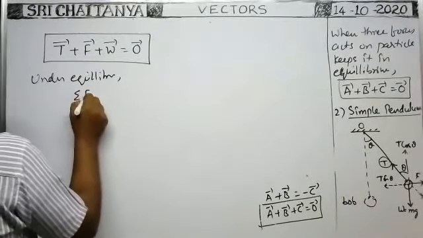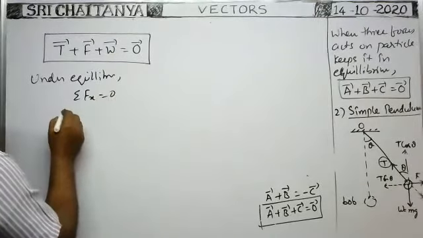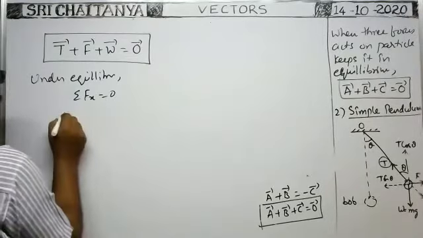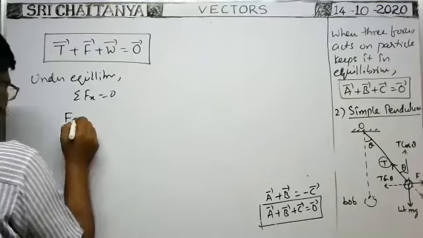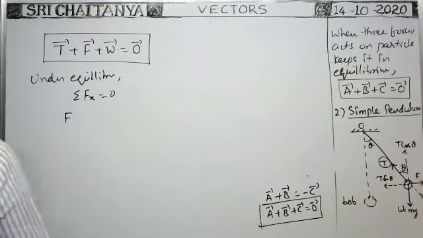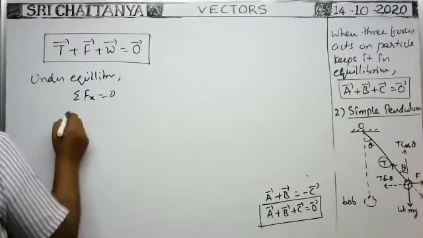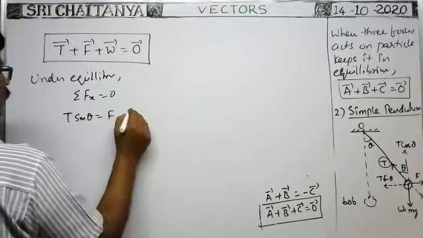Sigma Fx equal to 0 means that on the bob along the x-axis, towards the right the force F acts, and towards the left T sin theta acts. That's why T sin theta is equal to F. This is equation 2.